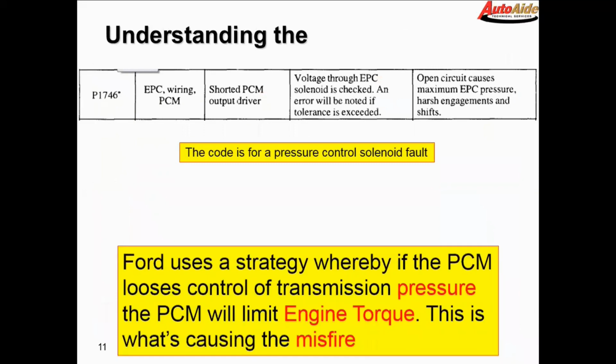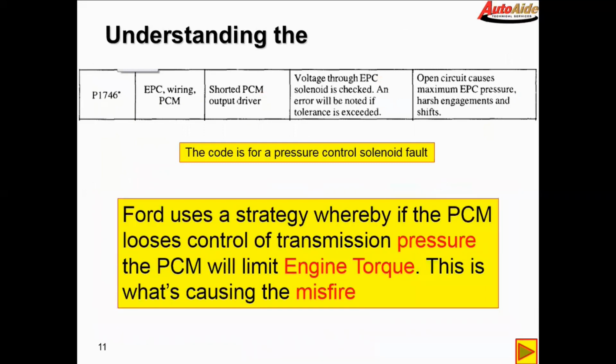Now, the unfortunate part about some of this, when you look at the code, there's nothing in the code description, actions taken, that kind of stuff, to let you know that the car is going to go into some kind of torque management strategy.